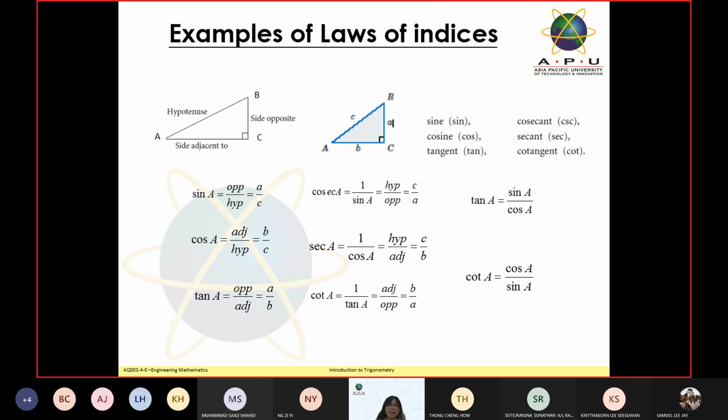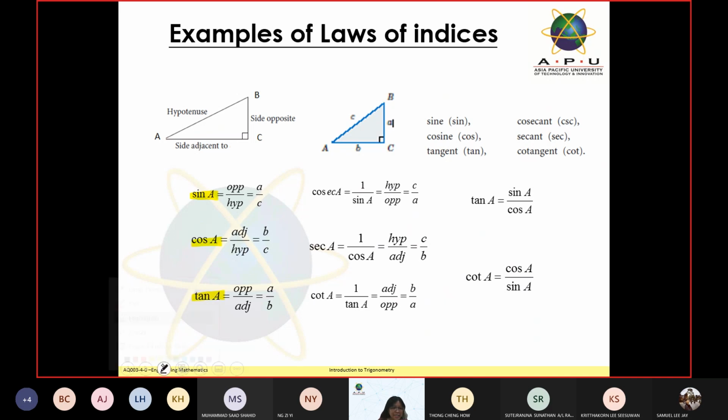Next we will continue with the ratios of trigonometry. Previously we already did the basic ones: the sine, the cos, the tangent.